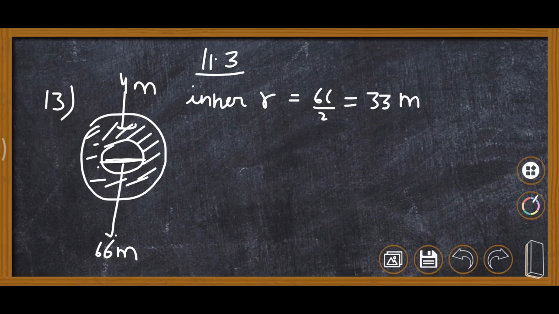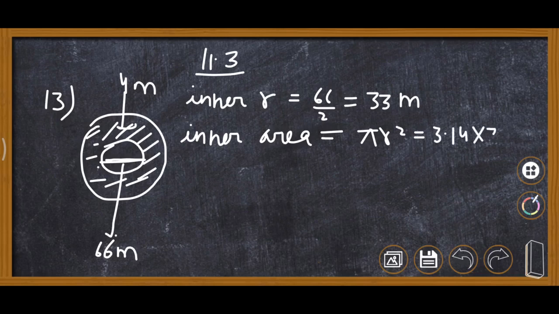Then inner area we will find, it is pi r square, value of pi 3.14, multiply by 33 and into 33. Now here you can see, after multiplying, answer is 3419.46. Now we will find the inner, after inner we will find outer radius.